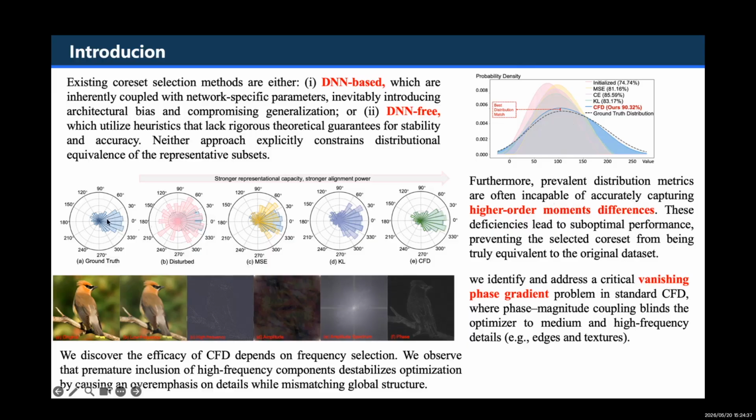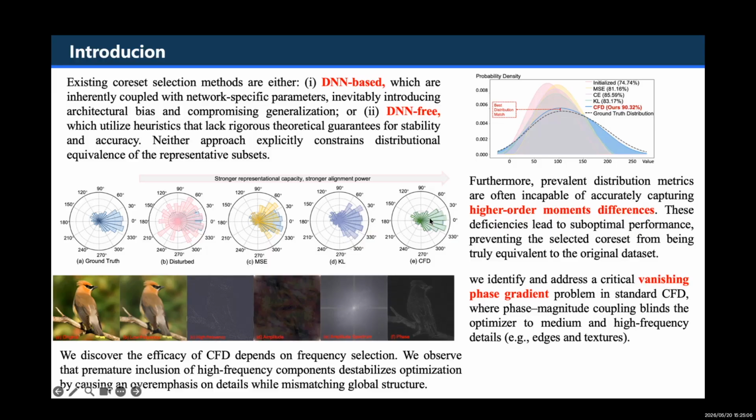Here is the ground truth distribution of our original dataset, and if we use MMD to ensure the distributional equivalence, you will see the performance is actually not that good. There is some mismatching, and it is the same with the KL. There are also some mismatching components.